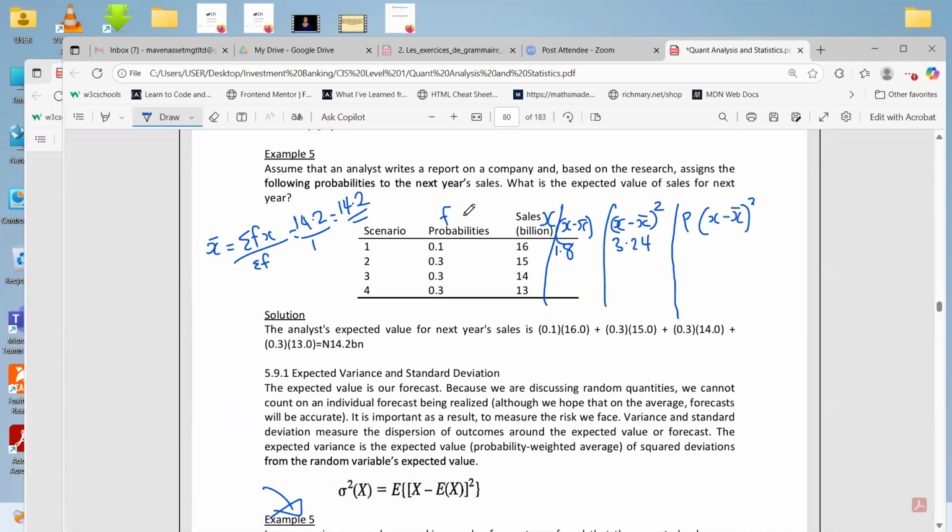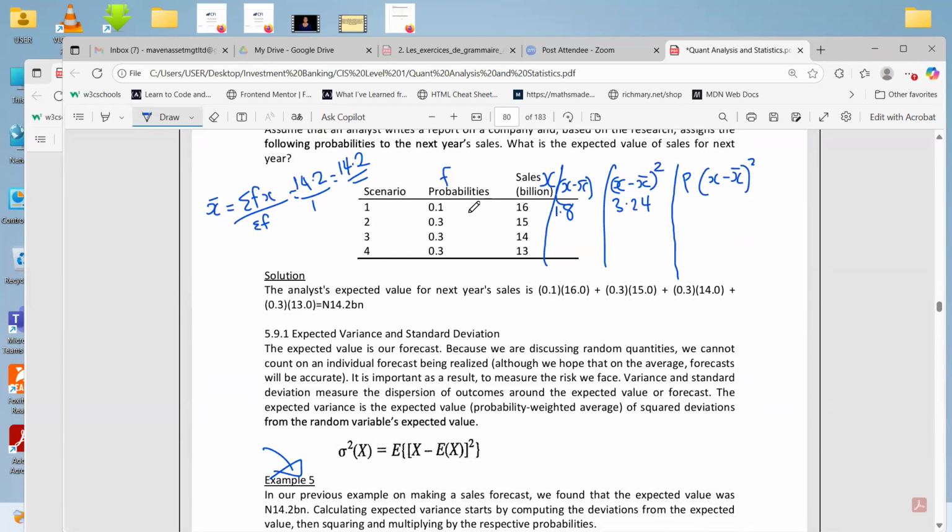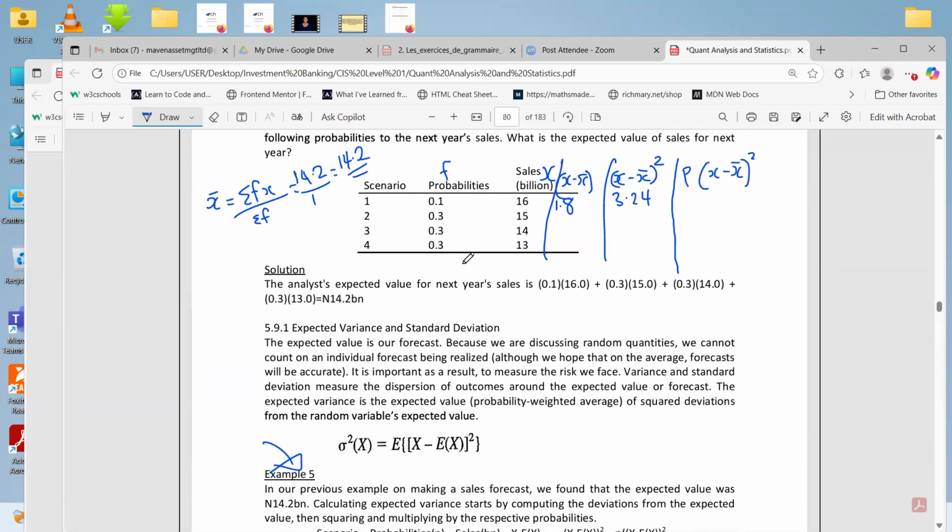Okay, so please, have you multiplied the probabilities by the square of the deviations?